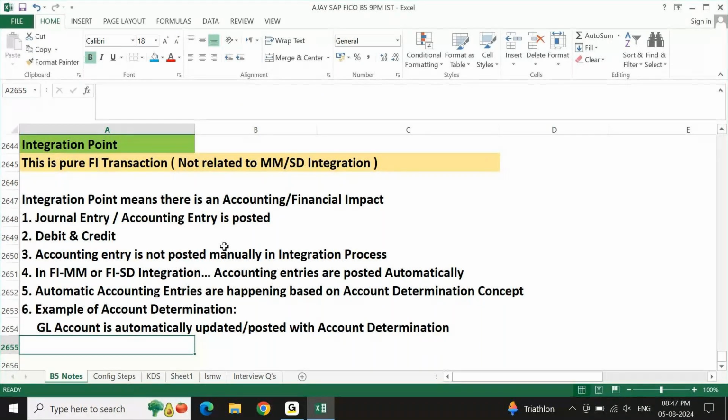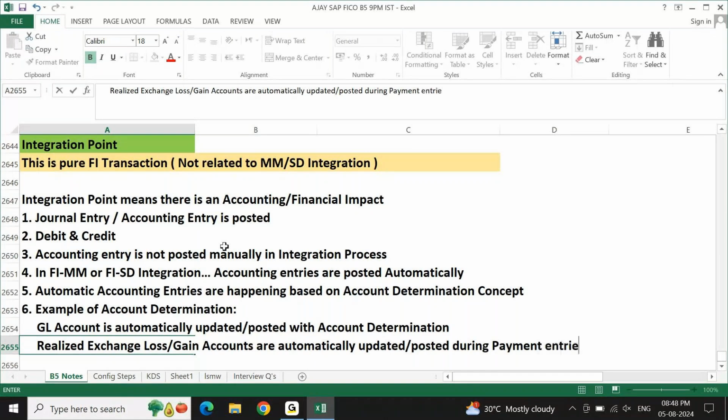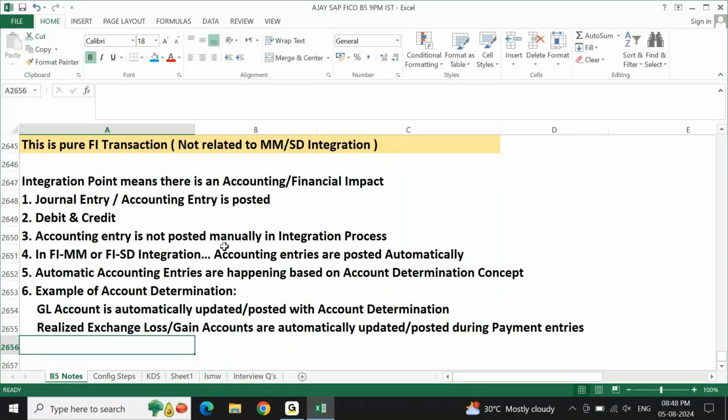Example, what we have seen so far is realized exchange loss gain accounts are automatically updated or posted during payment interest. This is something that we all have noticed while practicing accounts payable, accounts receivable.